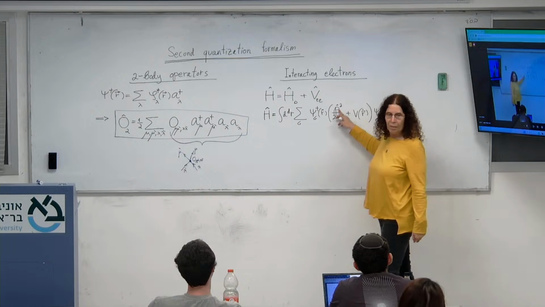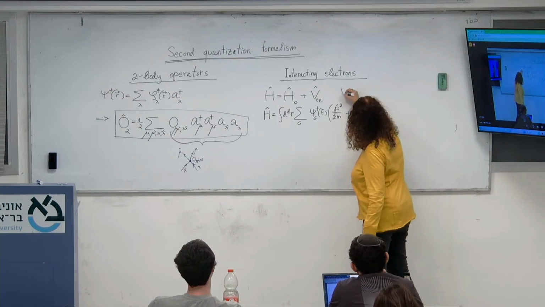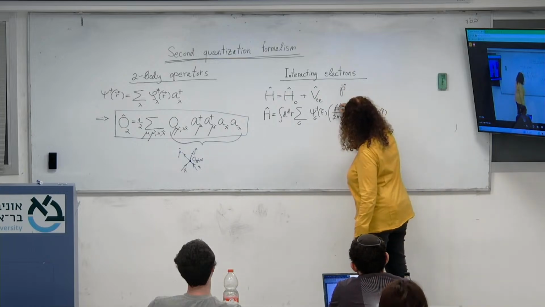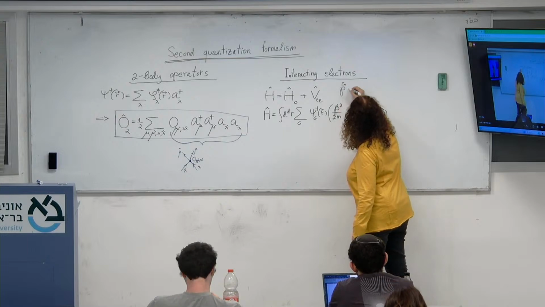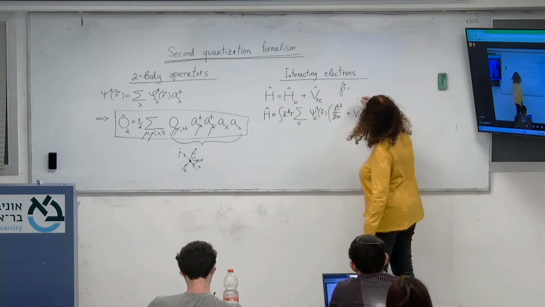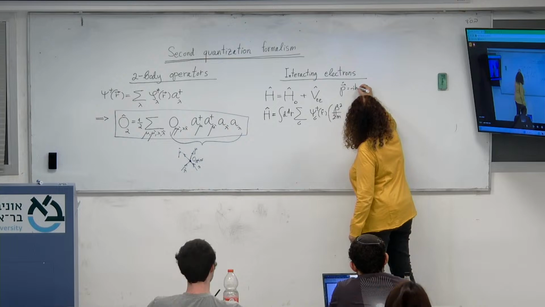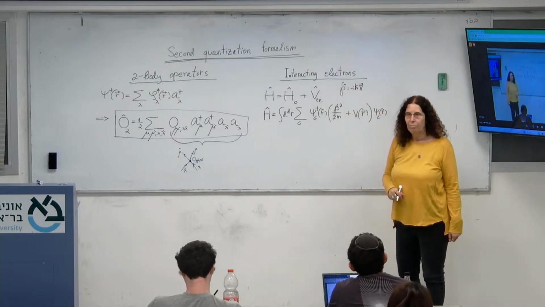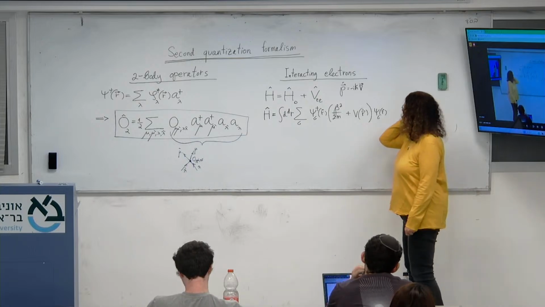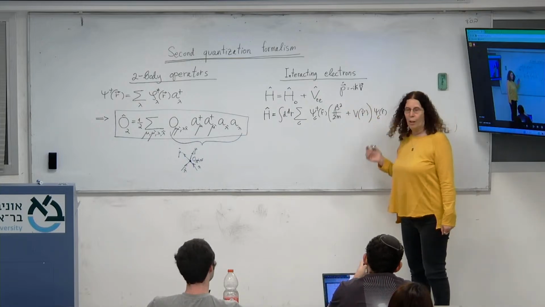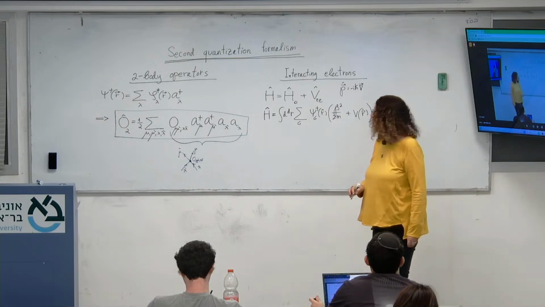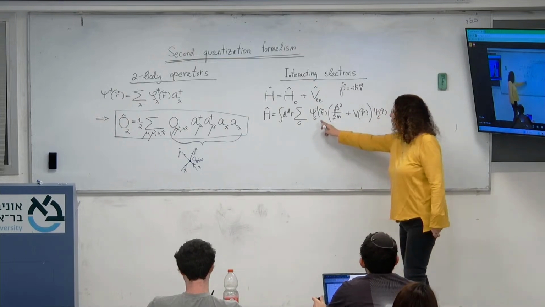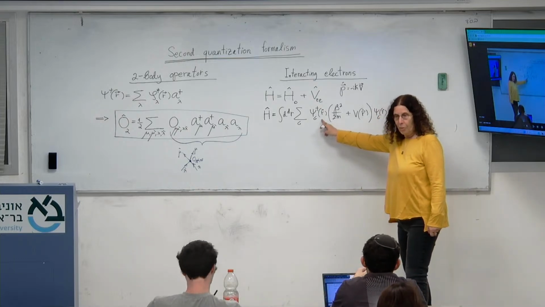How do I write it? It's actually a vector. What is it? H bar over i times the gradient. Exactly. Right, so this is the usual Schrödinger equation, if you like, but here the psi's are field operators. Okay, second quantization.